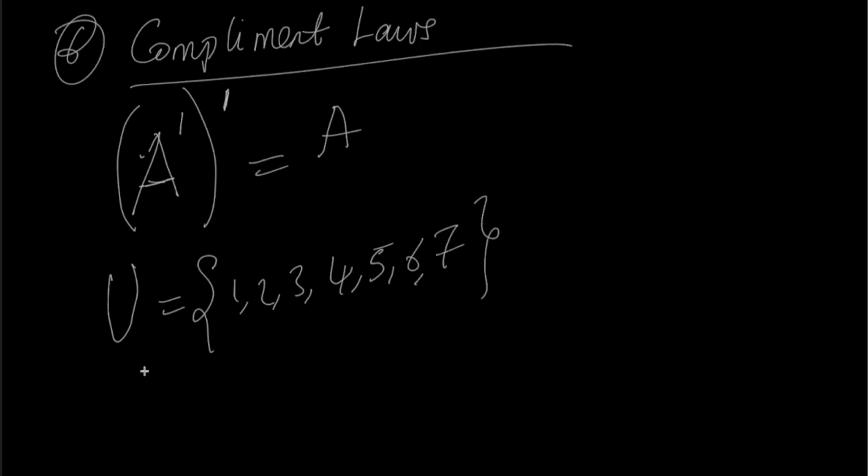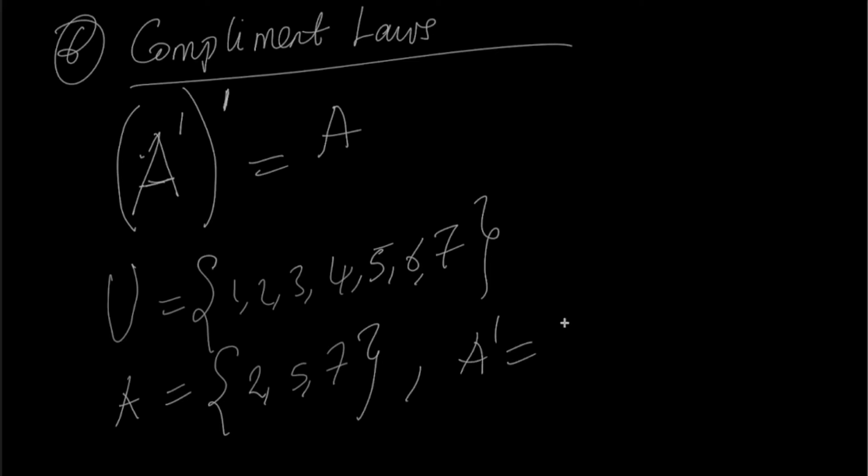Then we say A is equal to, let's say this time, 2, 5, 7. The complement of A is equal to what? 1, 3, 4, 6. Altogether correct. Okay? Now, it's saying if you apply a complement on this now, let's see.